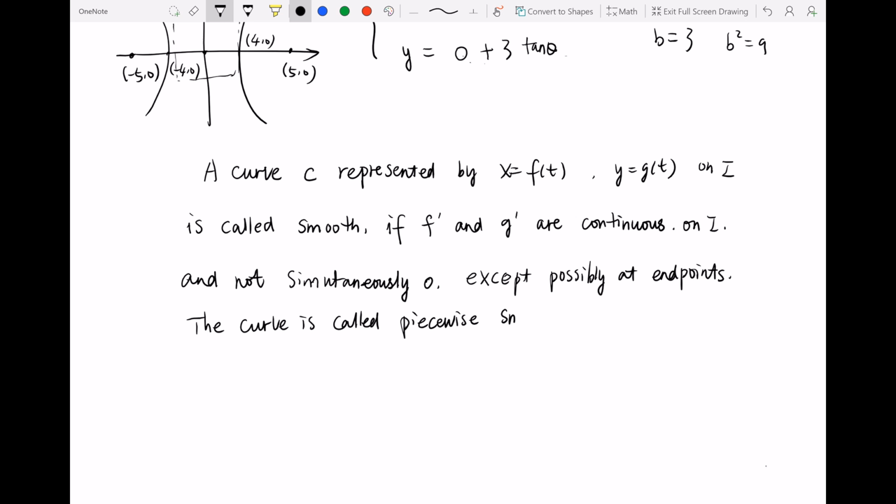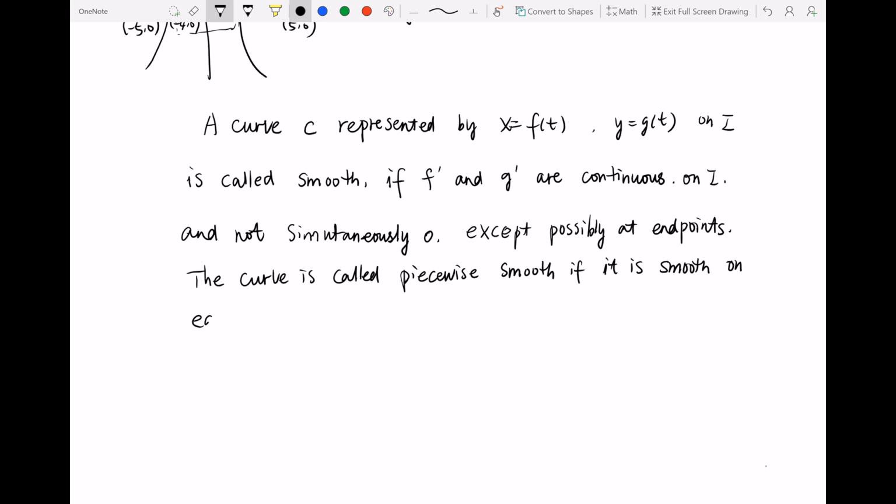It's called piecewise smooth if it is smooth on each subinterval of some partition of I.